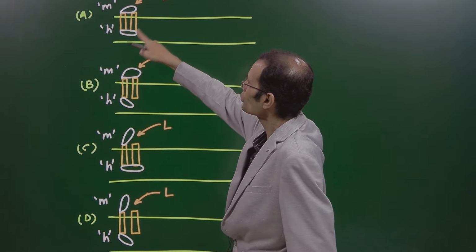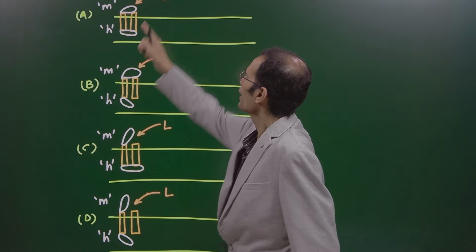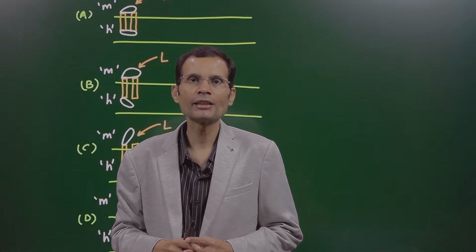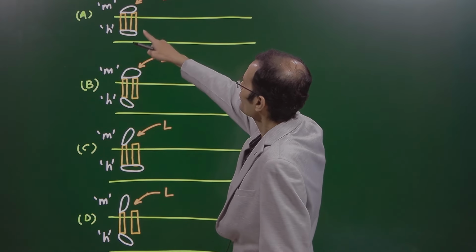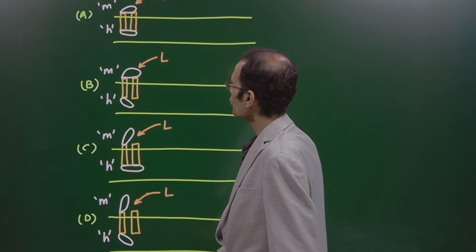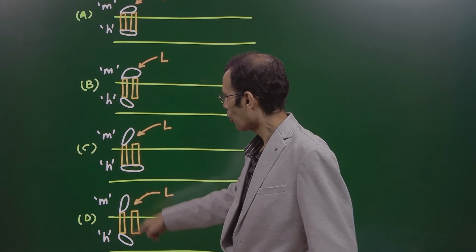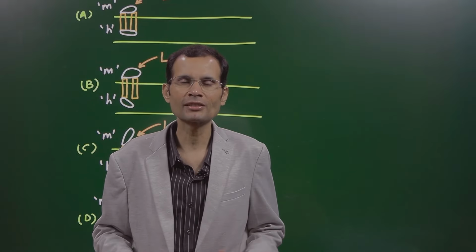You see it has two gates, M gate and H gate, and L stands for lignocaine. So at which stage would the lignocaine act and stop the impulse propagation? Is it when both gates are closed, or only when the M gate is closed, or when M is open but H gate is closed, or when both gates are open? Got any idea what's the answer?